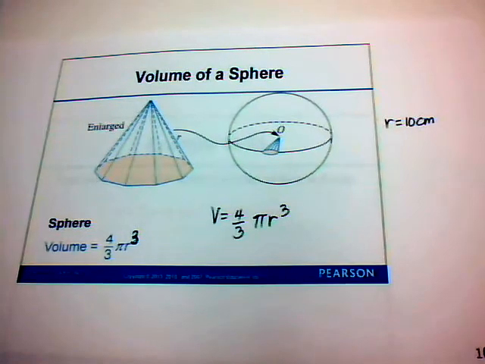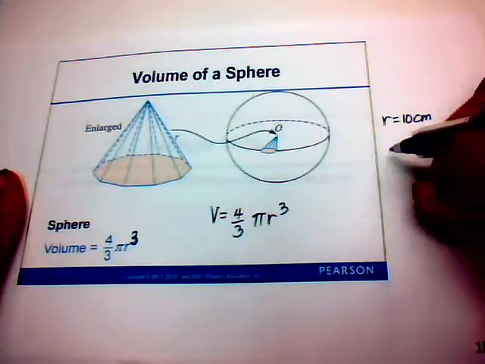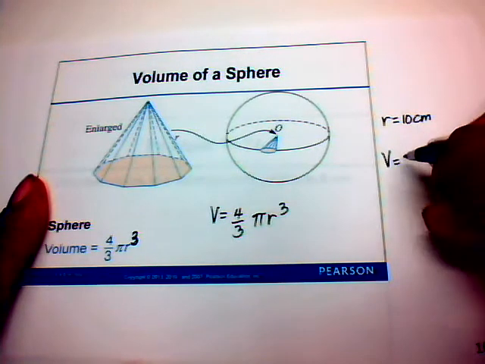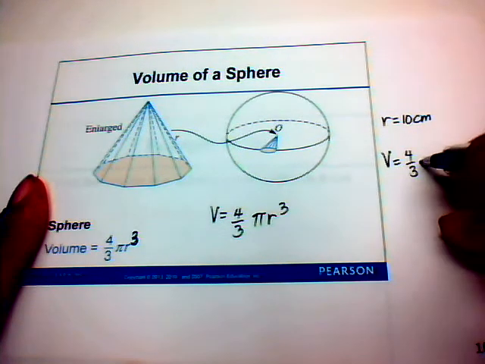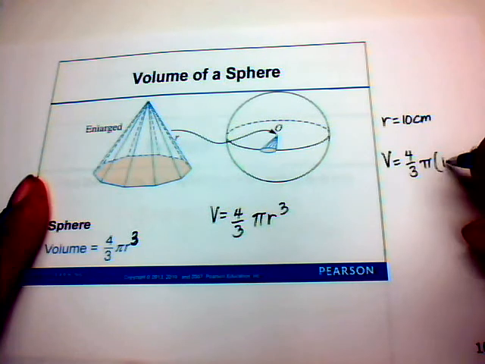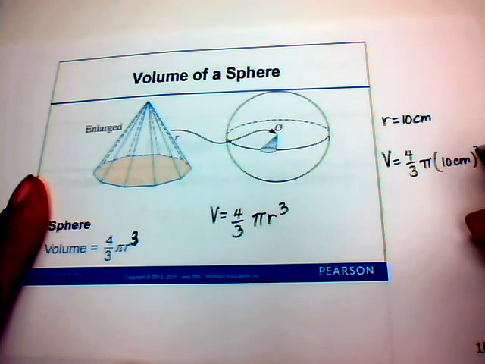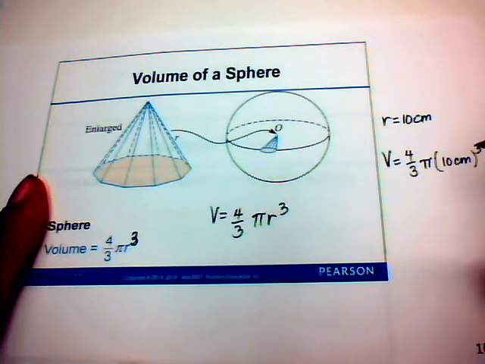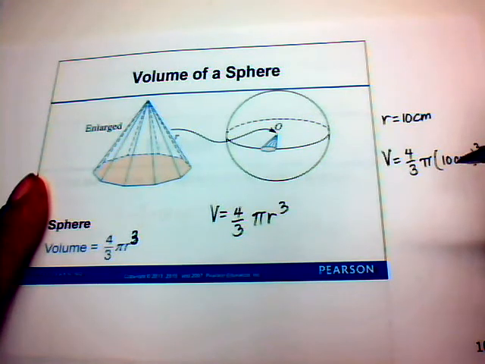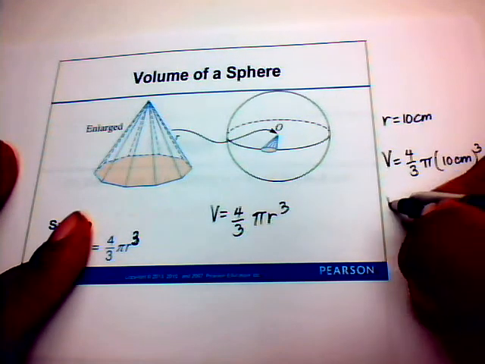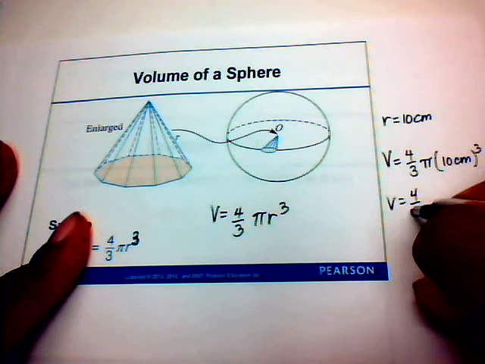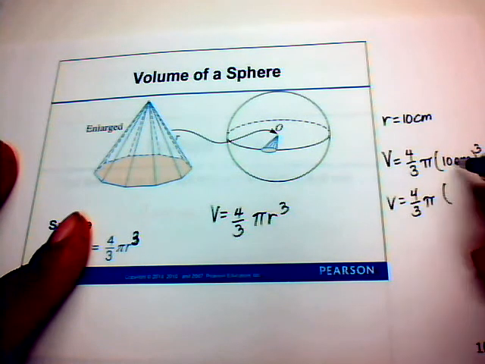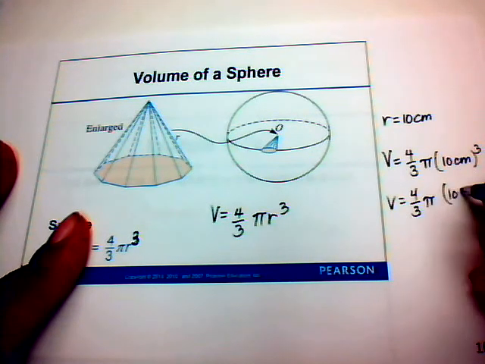Here the radius is going to be 10 centimeters, and I want to know what the volume is. So here the volume is just going to be 4 thirds pi times the radius, which is 10 centimeters, to the third power. So in this case, bring down the 4 thirds pi, 10 centimeters cubed will be 1,000 cubic centimeters.